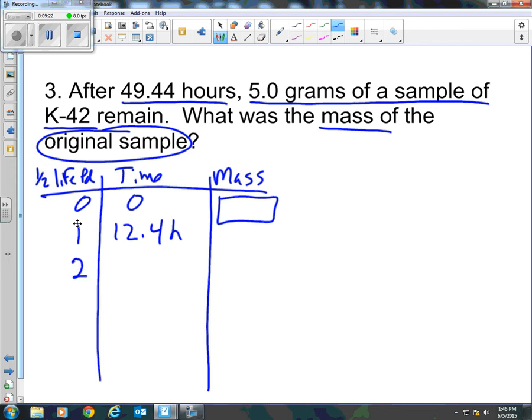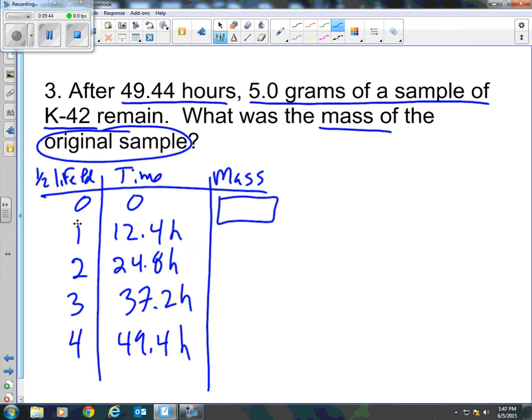After 2 half-life periods, that becomes 24.8 hours. After 3 half-lives, that becomes 37.2 hours. I'm just continually adding 12.4 hours to it. And after 4 half-lives, I get 49.44 hours, and that's important because that's what it says in the question.